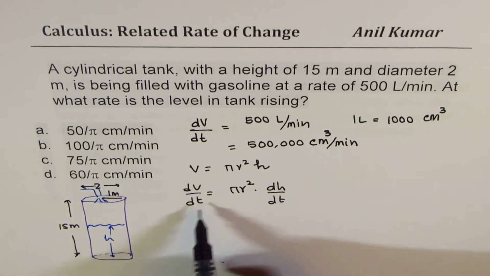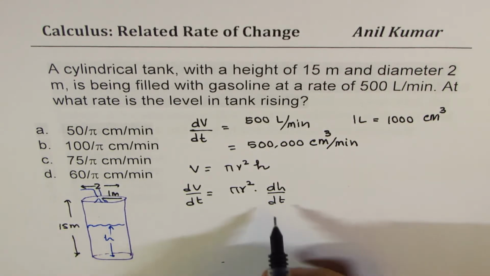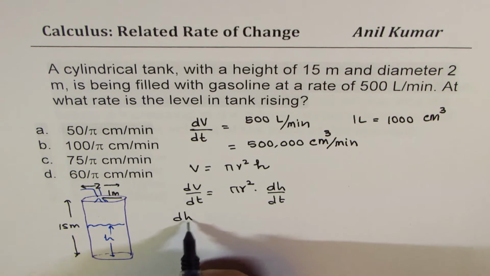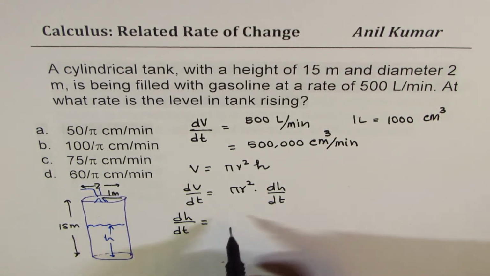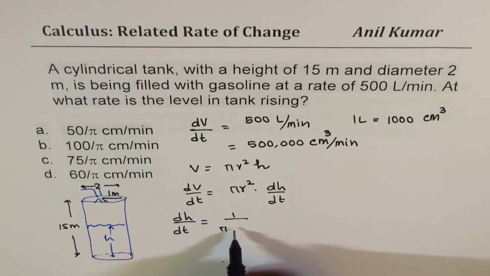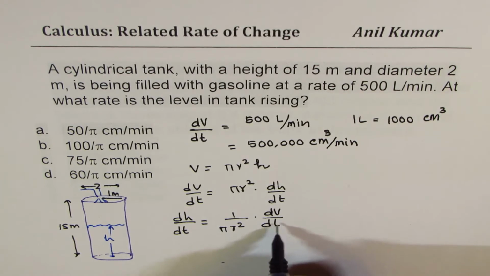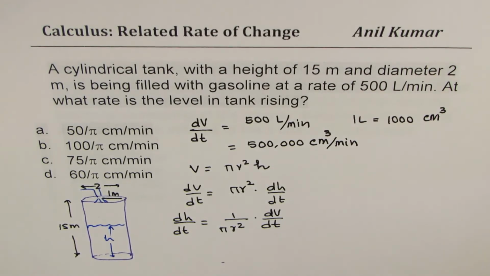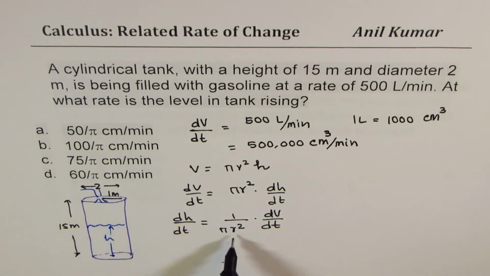Let's isolate this, or we can actually substitute the values. It's better to isolate. So from here we can say dh dt, that is rate of change of height, is equal to 1 over pi r square times dV dt, right? So radius is in meters. It is good to convert this also in centimeters.